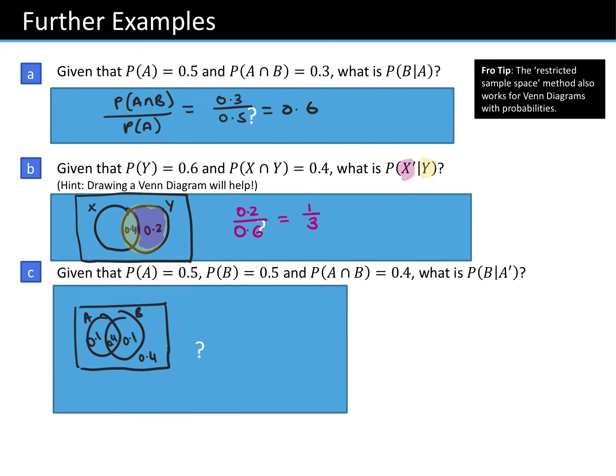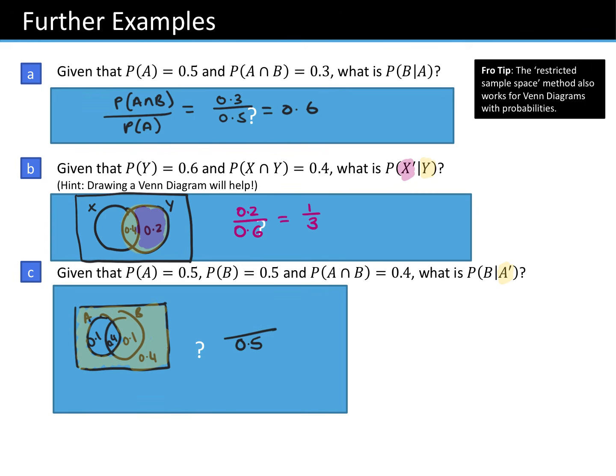So what's the probability of B given not A? First of all, where is not A? I'm going to colour that in yellow. Not A is on the outside and this part of B here. So not A has a total of 0.5.